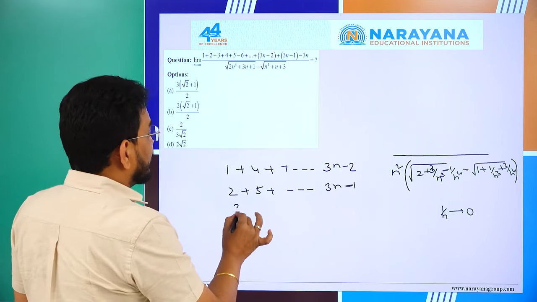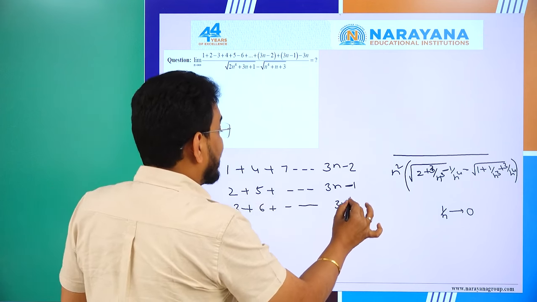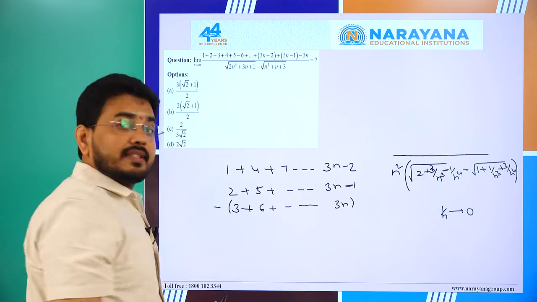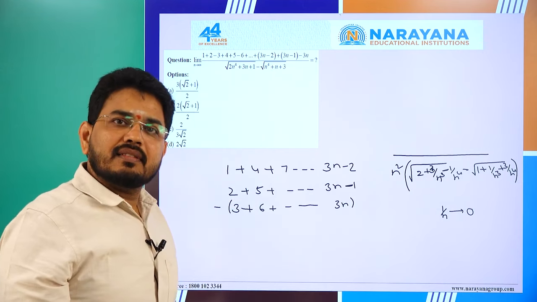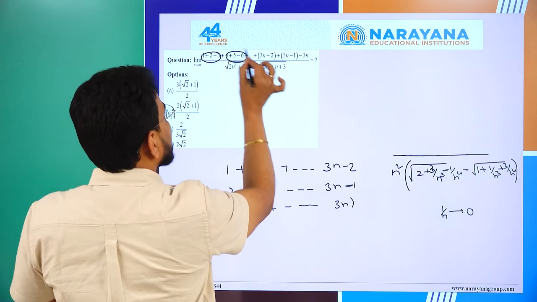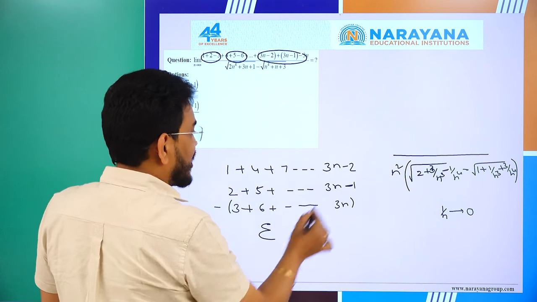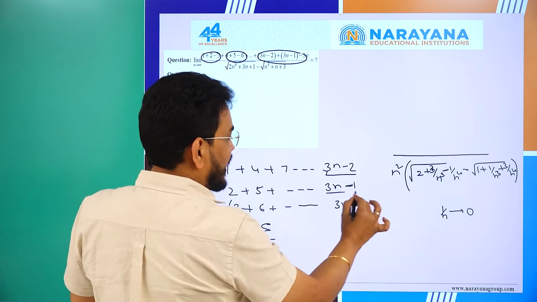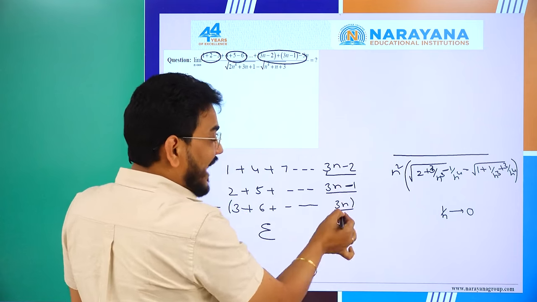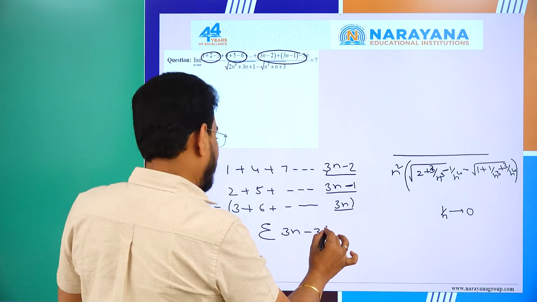Next one is 3 plus 6 plus etc., 3n, but for this one minus sign is there. Or if you look at every 3 terms as one part, you will be getting summation 3n minus 2, 3n minus 1, minus 3n. So you will be getting 3n minus 3.